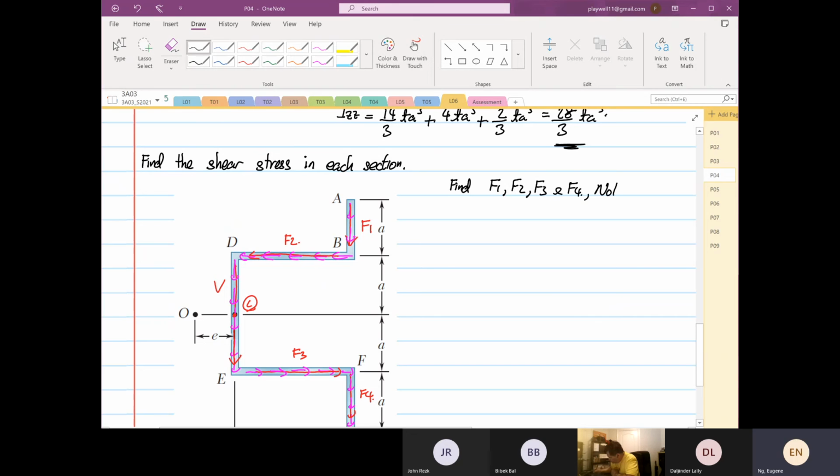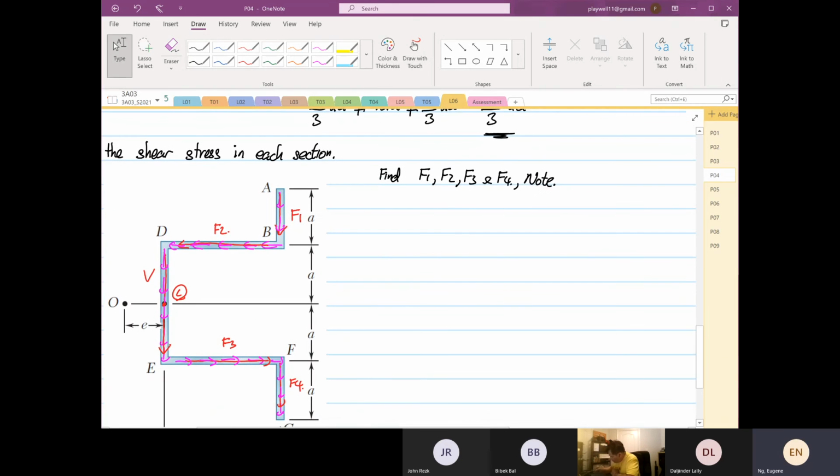And note, we know that F1 is equal to F4 and F2 is equal to F3. We know that. So let's find F1. The math is really easy for this. Okay, F1.